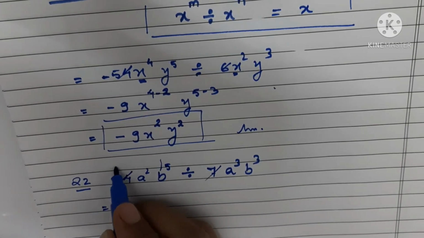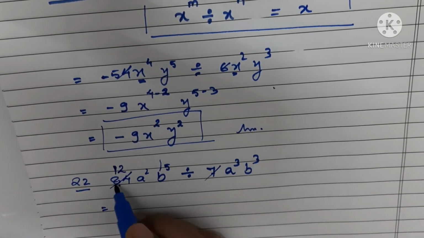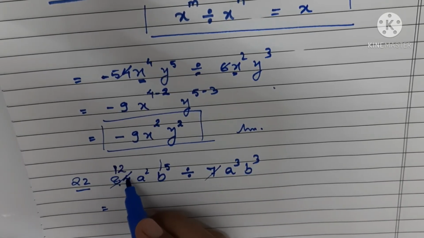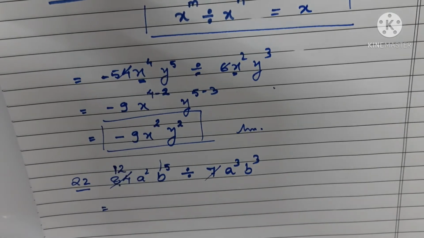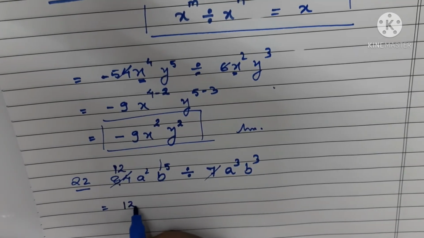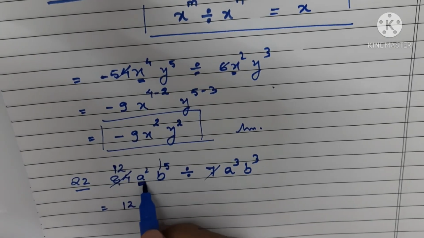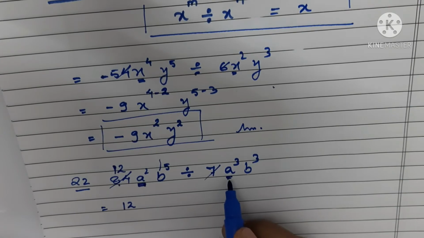It is going to give you 12 times. 7 twelves are 84, you know that, right? So we are having 12, correct? Then you can see here we are having a square and here we are having a cube, right?